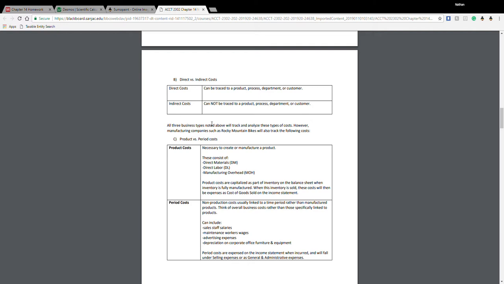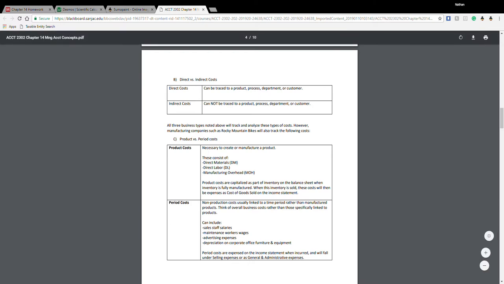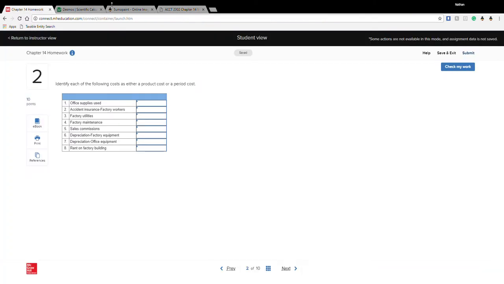Period costs are all about sales and maintenance. It's stuff that does not deal with the product or the factory, but deals with sales staff or the corporate office, so office stuff. Knowing that, let's go to this.